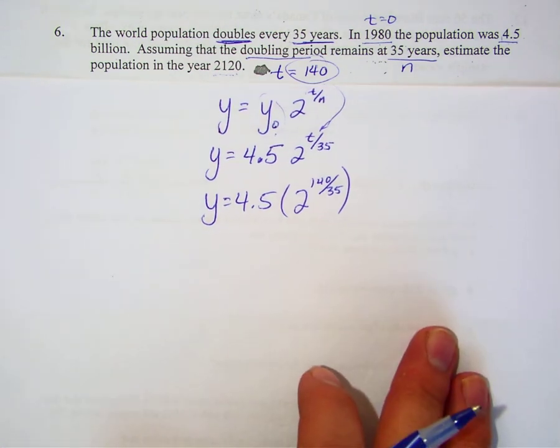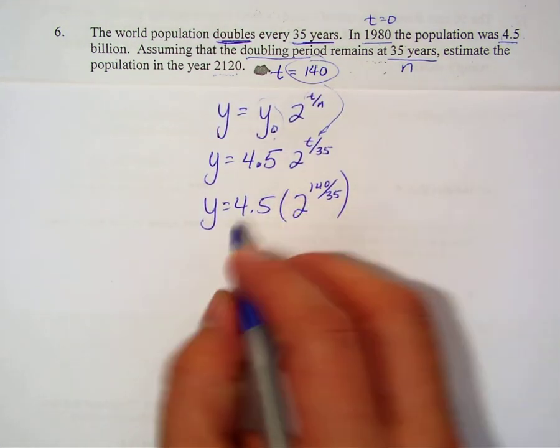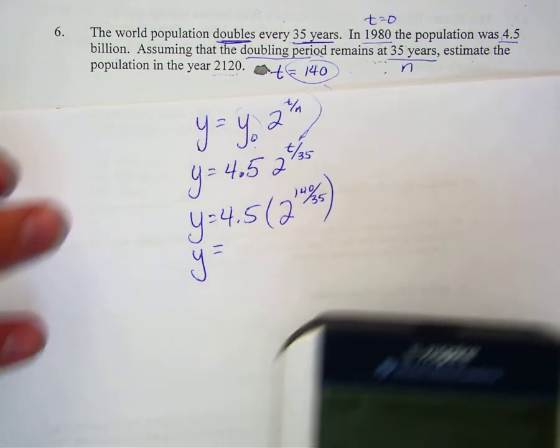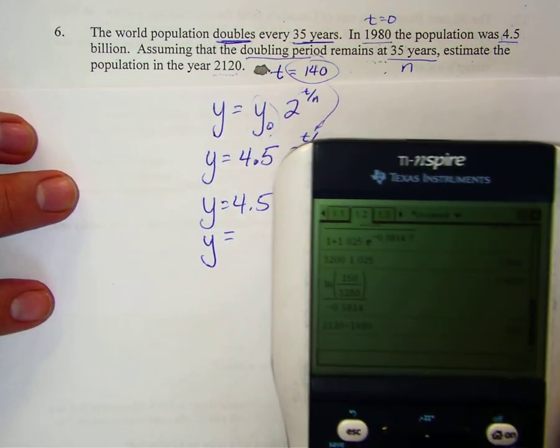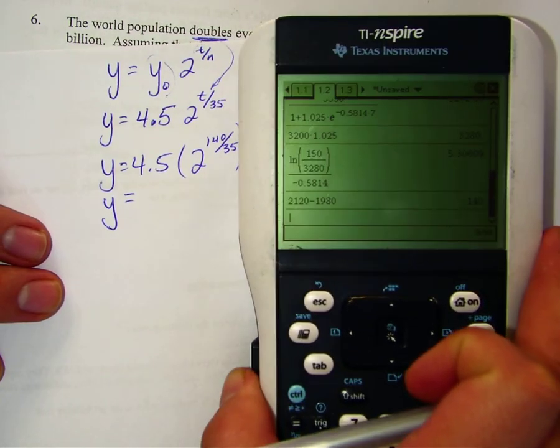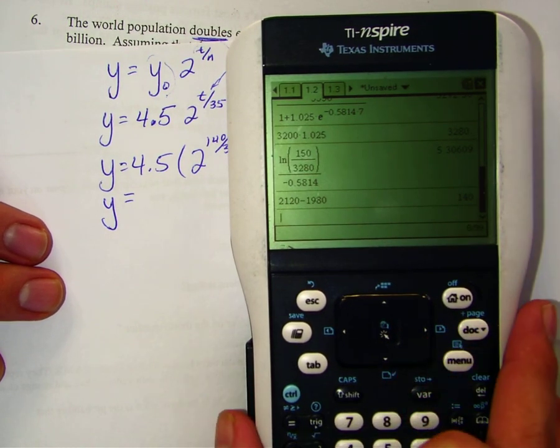Should be kind of a big number here, right? So let's go ahead and use the calculator, and you can just use your Inspire if you want, or whatever calculator you have on hand.